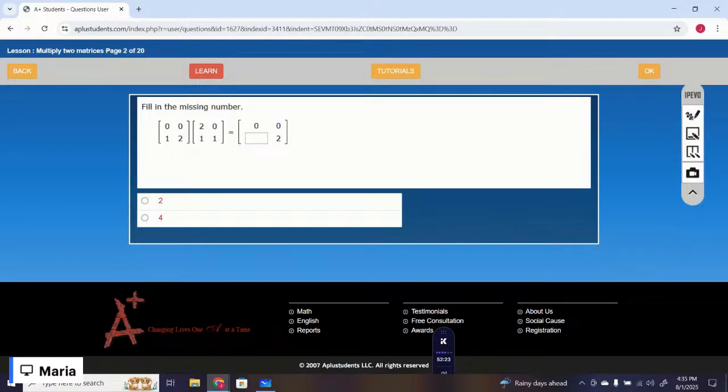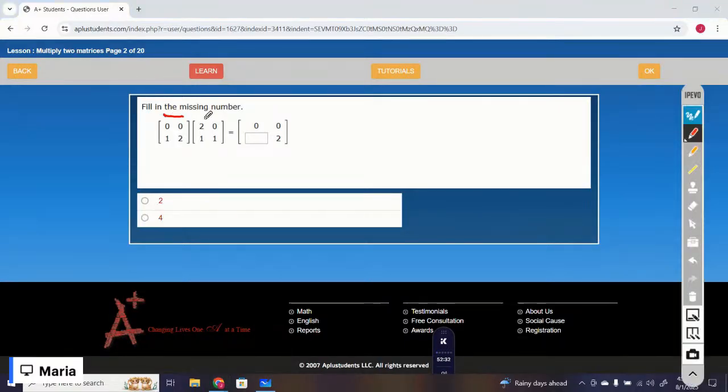Okay, the next one is fill in the missing number. So let's just multiply them. First row, first column. So you have to do 0 times 0 plus 0 times 1. 0 times 1 plus 2 times 1.